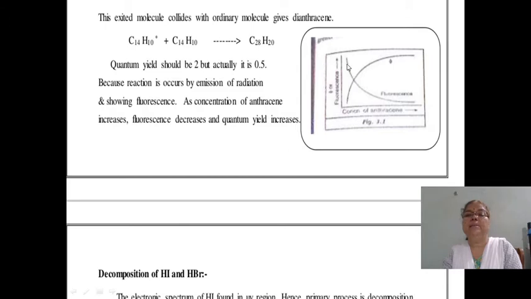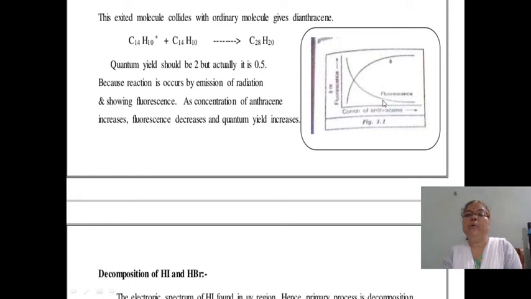At a dilute solution of anthracene the fluorescence is prominent, and as the concentration of anthracene increases the fluorescence goes on decreasing.